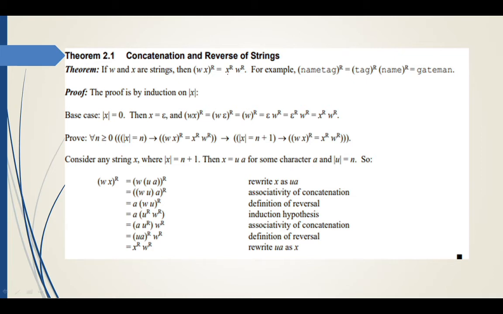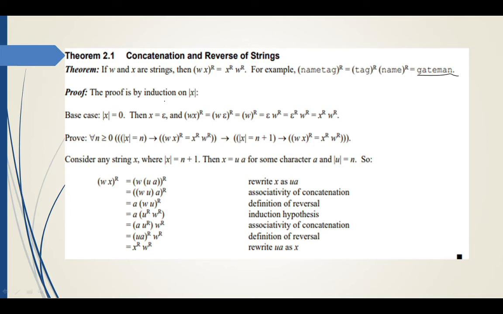If you want to find the reverse of this, first you find the reverse of x, then concatenate that with the reversal of w. For example, (nametag) raised to r: name is one string, tag is another string. First you take the tag reverse, then concatenate that with the name reverse. So what you get here is gateman.